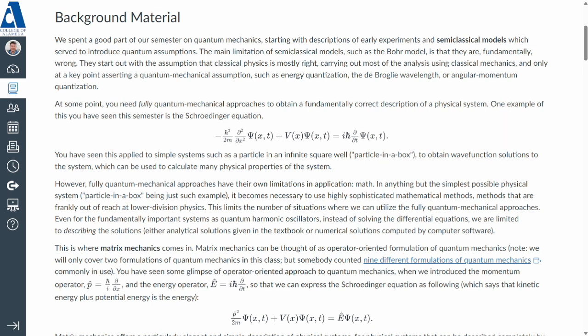This limits the number of situations where we can utilize the fully quantum mechanical approaches. Even for fundamentally important systems such as quantum harmonic oscillators, instead of solving the differential equations, we are limited to describing the solutions, either analytical solutions given in the textbook or numerical solutions computed by computer software.